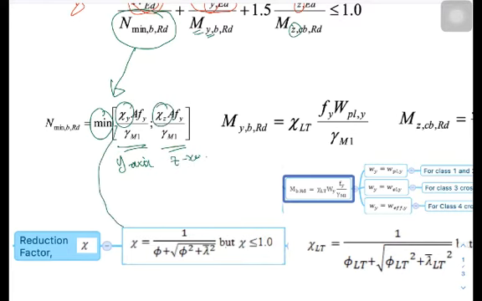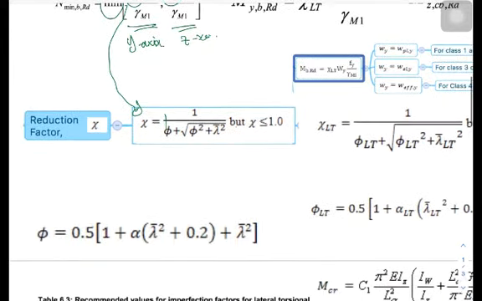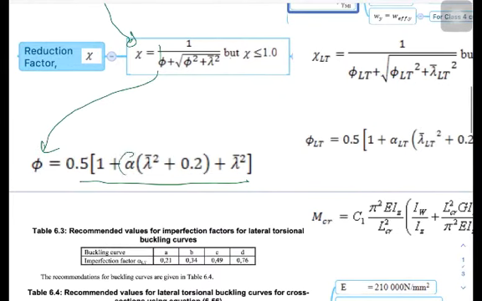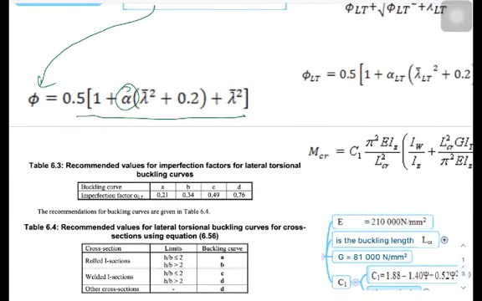The value of chi comes from this formulation here, equal to 1 divided by phi plus the square root and so on, and phi comes from this formula here. To get the value of phi, you need to know the value of alpha, and alpha comes from tables 6.3 and 6.4, right?